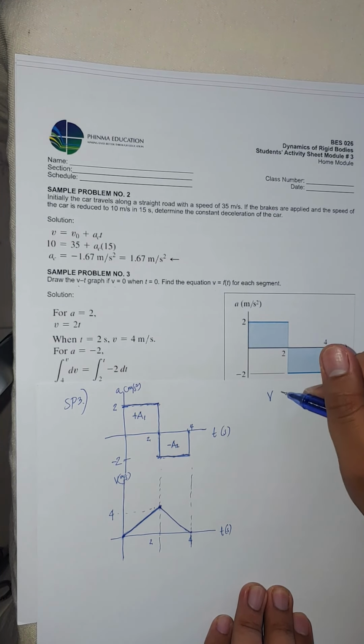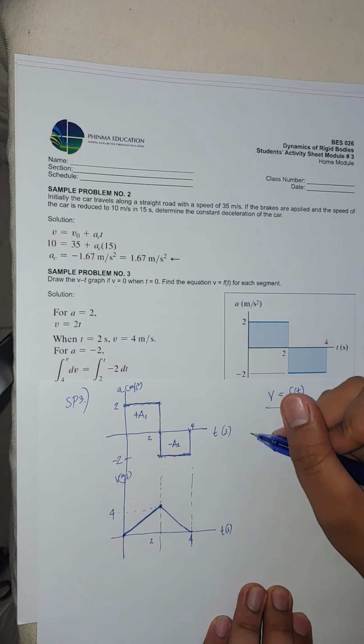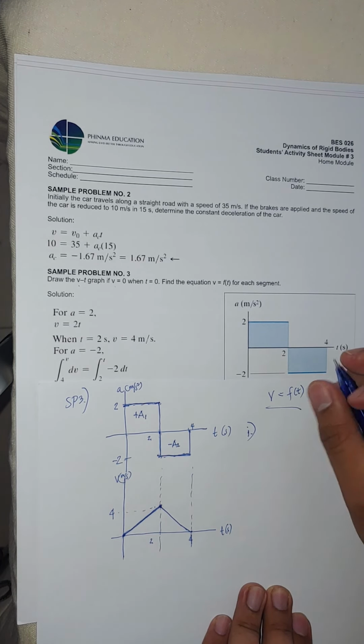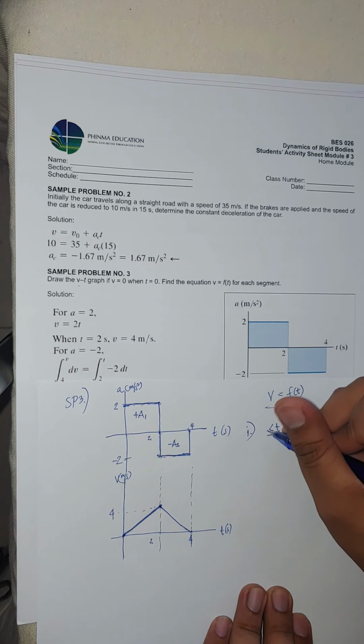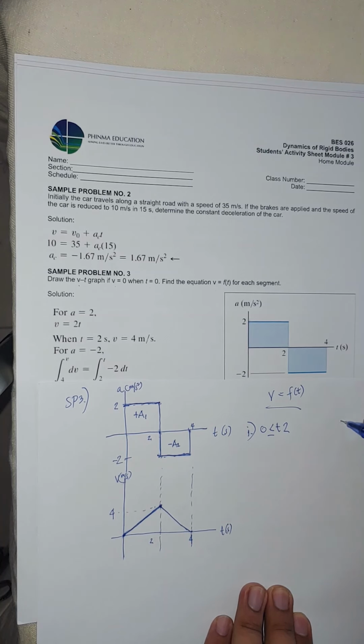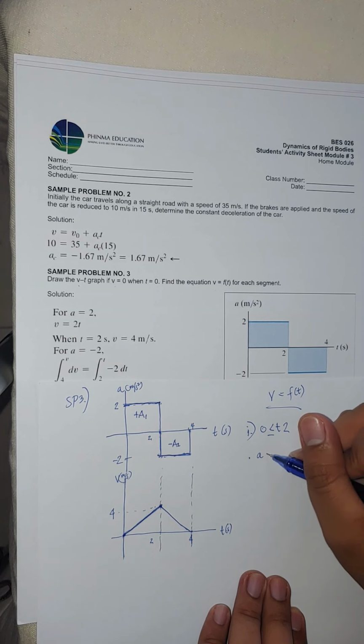Aside from that, we are also asked for the velocity function equation. So we do it like this. We have two time intervals: from 0 to 2 seconds, and then from 2 seconds to 4 seconds. We know that acceleration is just the derivative of velocity with respect to time.